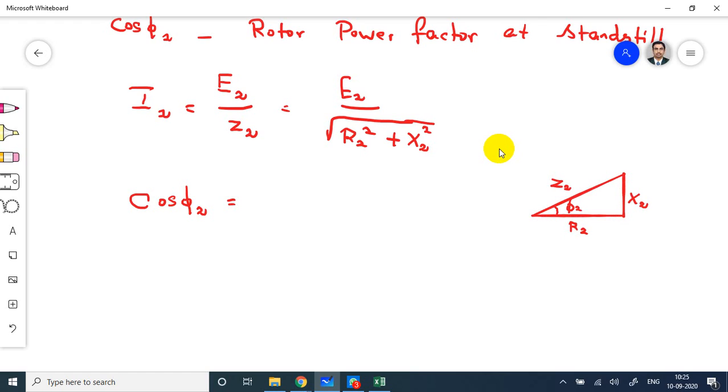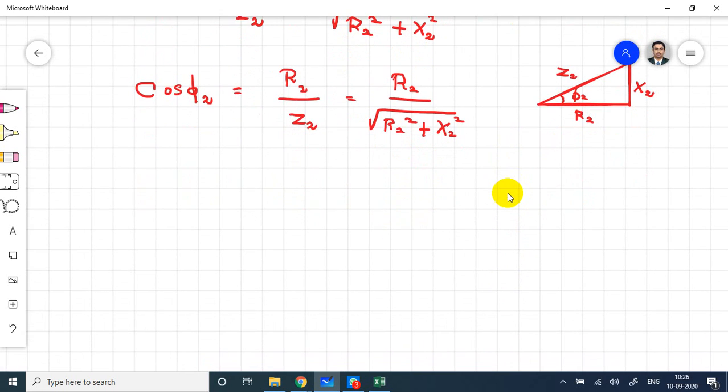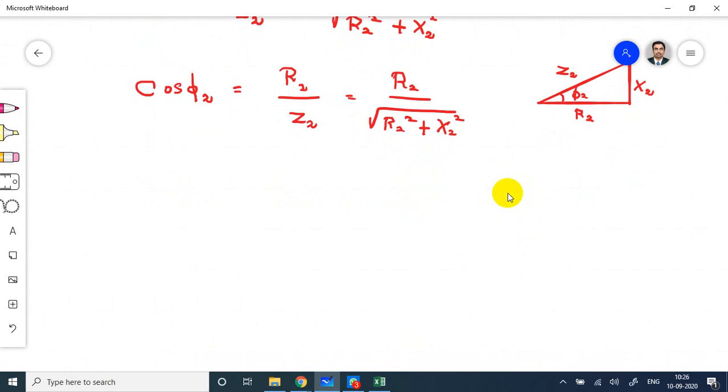So cos phi 2 will be adjacent divided by hypotenuse, that is R2 by Z2. R2 divided by Z2, where the magnitude of impedance is square root of R2 square plus X2 square.